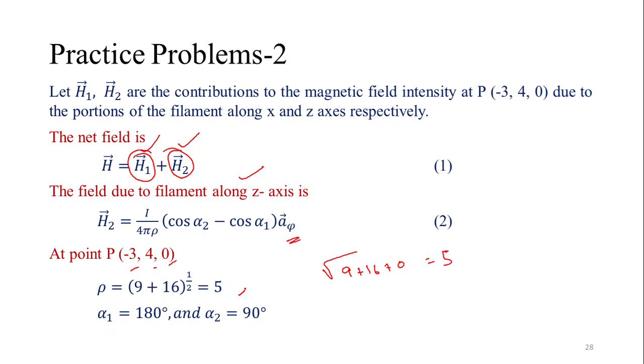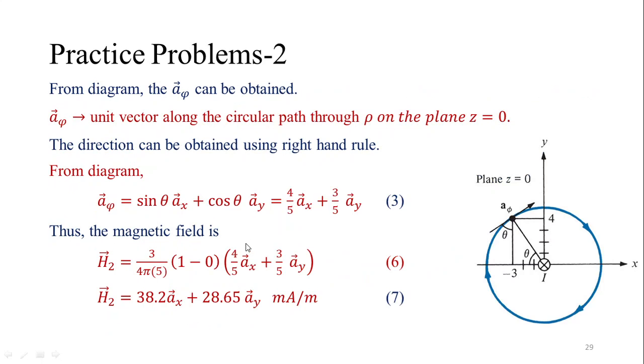If you substitute all the values here, you will get H2. A phi is the unit vector along the circular path through rho on the plane z equal to 0, and its direction can be obtained using the right hand rule.